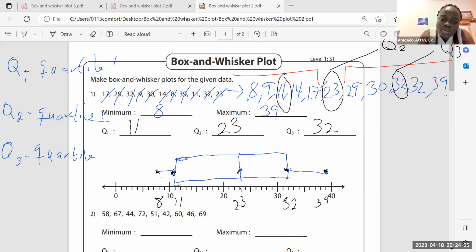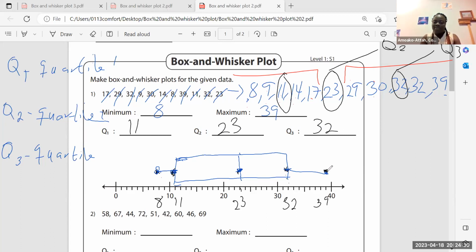So now we have the minimum value here, right? We have the Q1 here. Good. We have our Q2 here at the center. Then we have our Q3 over here too.